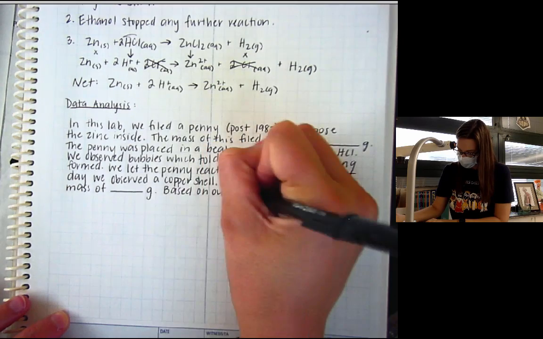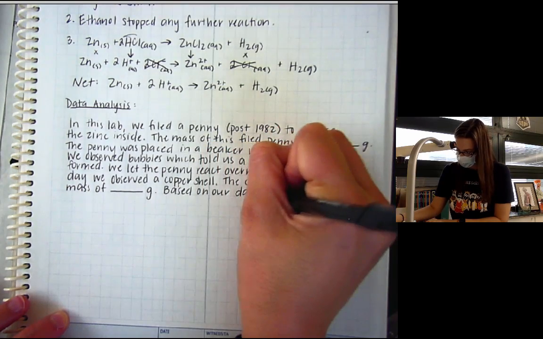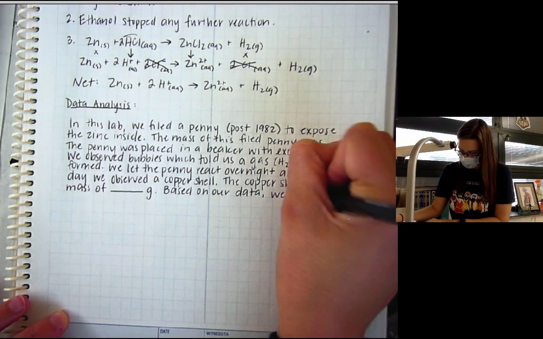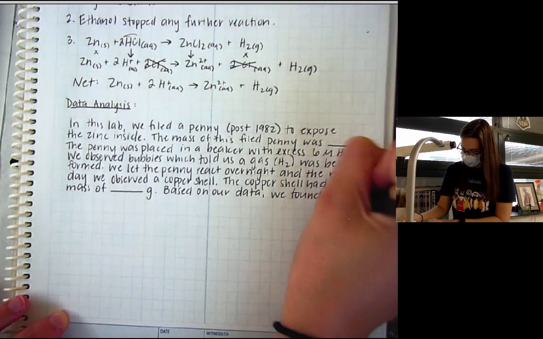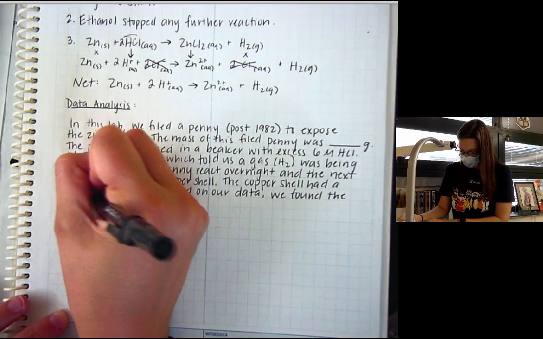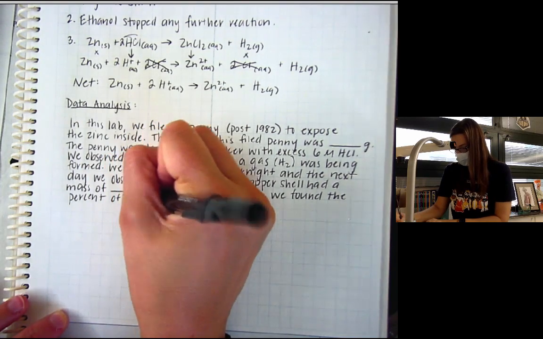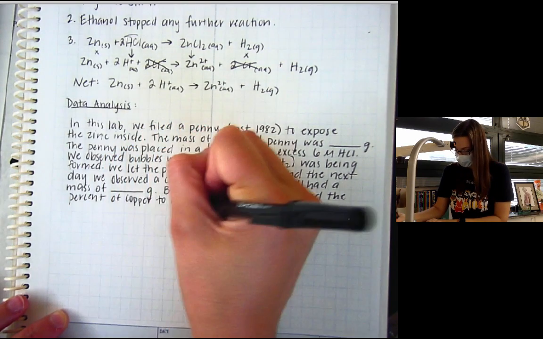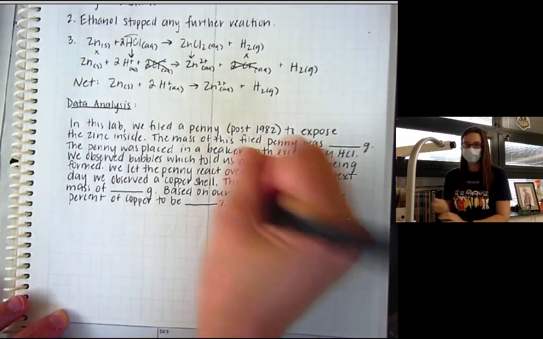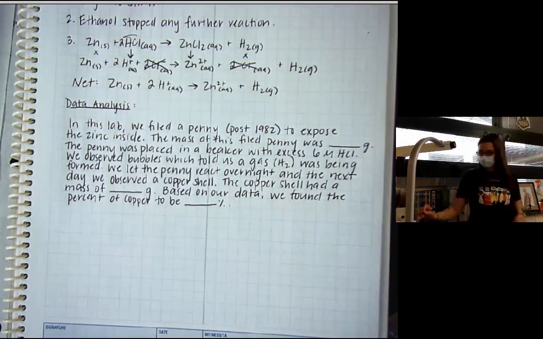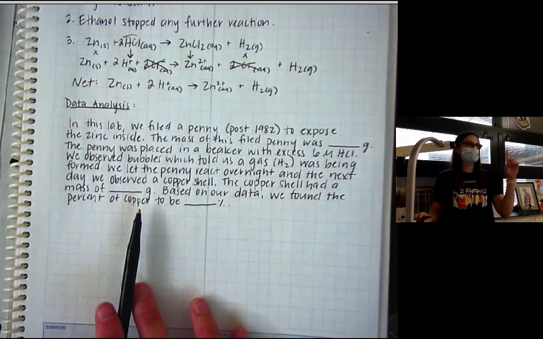I'm going to say based on our data, we found the percent of copper to be blank percent. So this percent of copper was calculation 1.